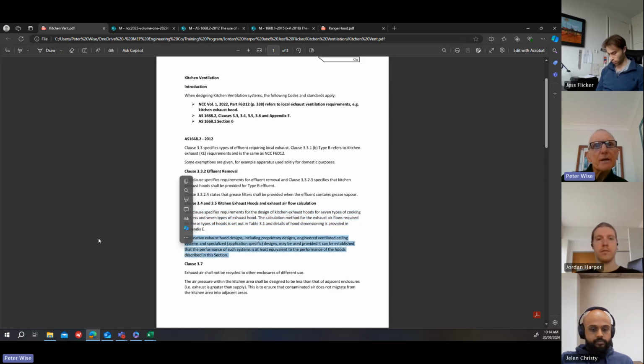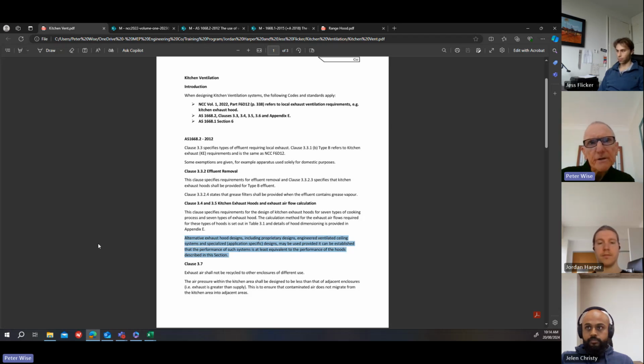Just to note as well, there are alternative exhaust hood designs. So deemed to satisfy is to use the AS 1668 Part 2 methods, but there are manufacturers who make alternative designs and even engineered ventilated ceilings. They're not very common, they're very expensive and very fancy. I've never actually worked on one, but they are available.